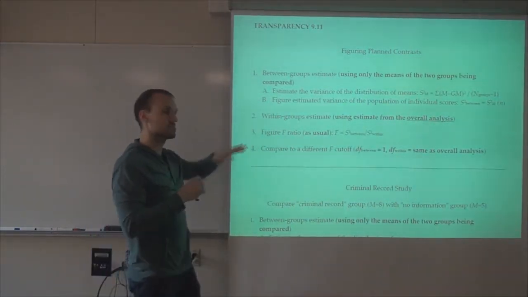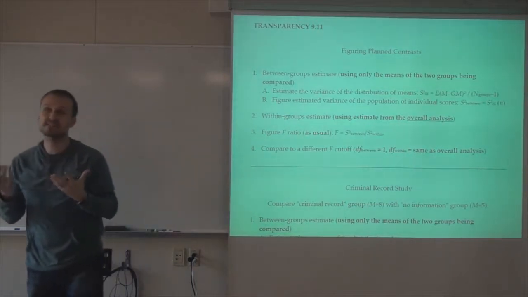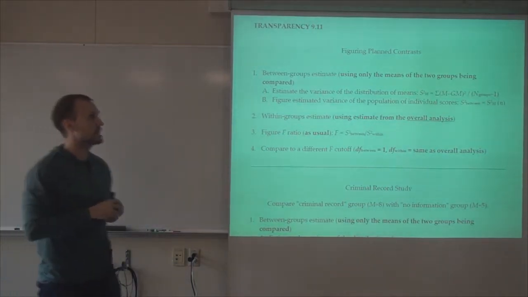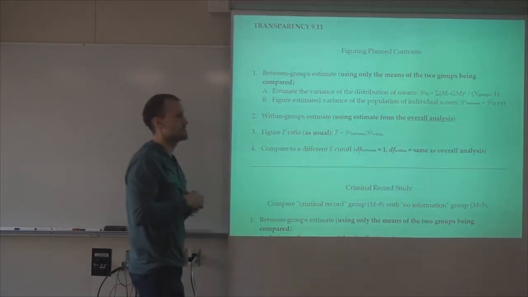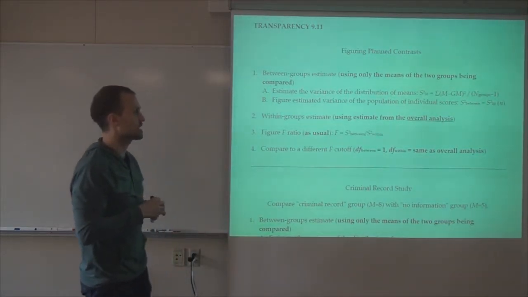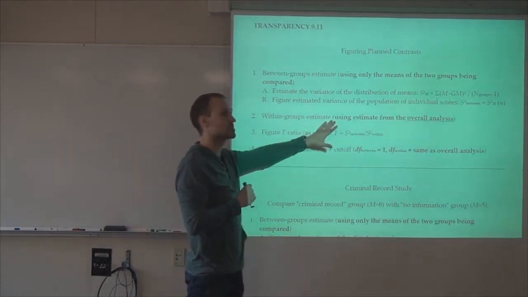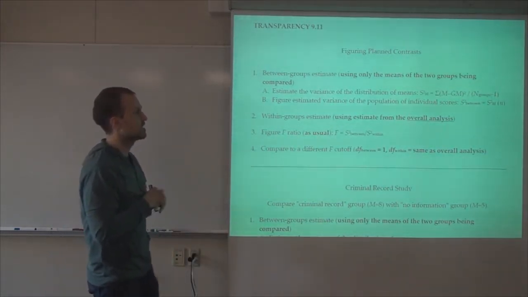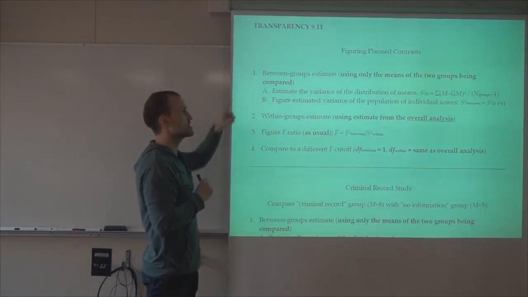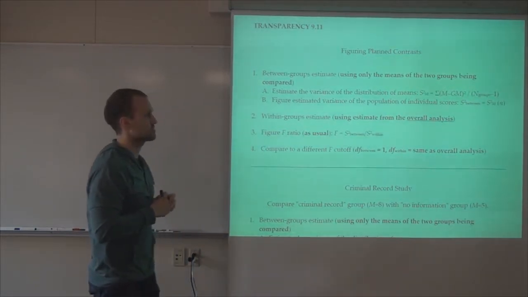Then the within groups estimate, I'm still trying to get the best estimate, under the null hypothesis, for the overall variance for my population. So I'm still going to use the same as before. I'm still going to use all the groups, as much information as I can, to do that. So the only thing that changes is the between groups estimate.